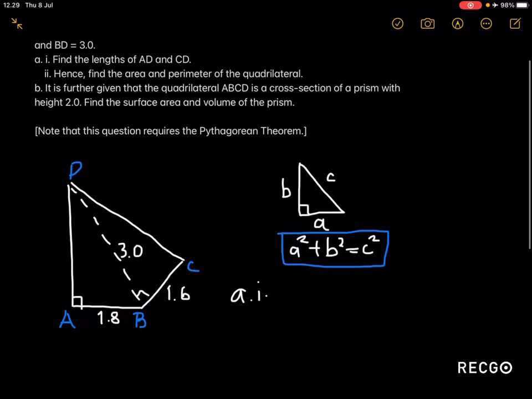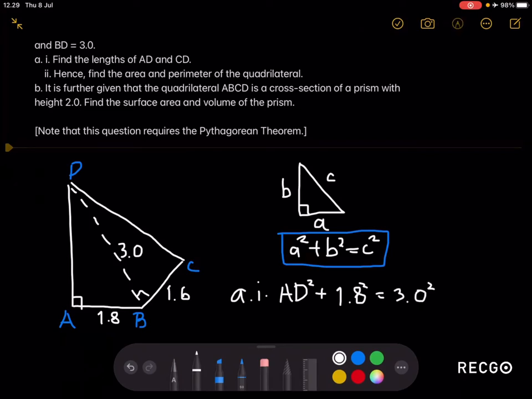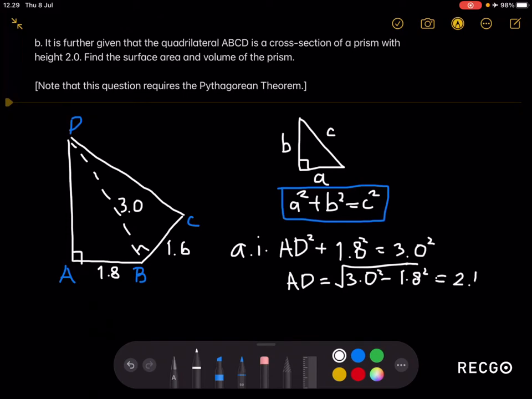So for AD, according to the Pythagorean theorem, we can write AD squared plus 1.8 squared is equal to 3.0 squared. Rearranging, we get that AD is equal to the square root of 3.0 squared minus 1.8 squared, which simplifies to 2.4.